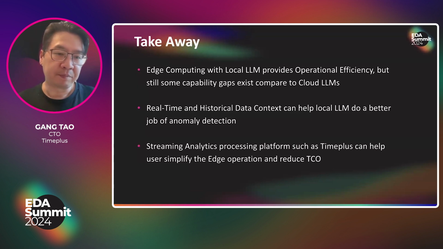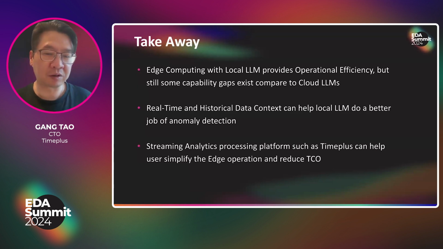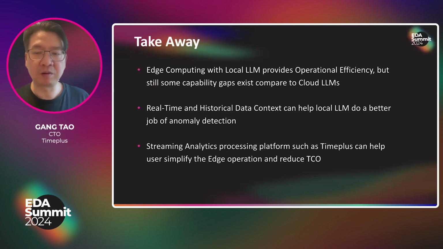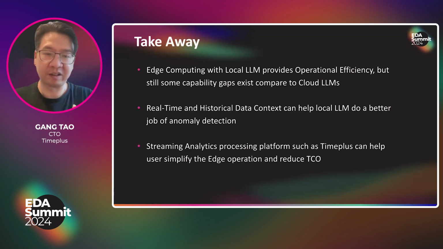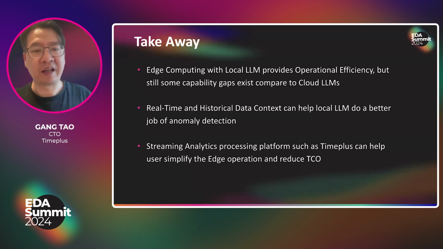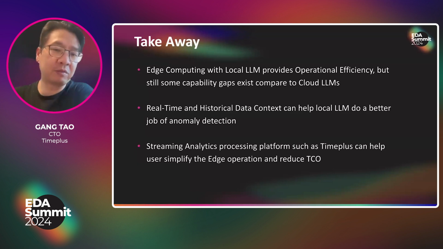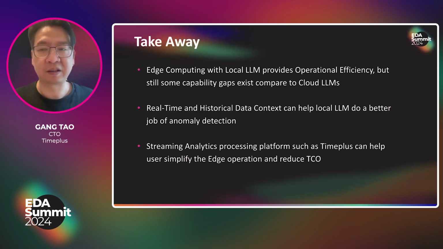And by providing real-time and historical data context, your large language model can do a better job. Like I mentioned, in our case, we provide the sampling as context, and that's from the historical data, and the real data is from your data streaming, right? That's how we demo this anomaly detection works.